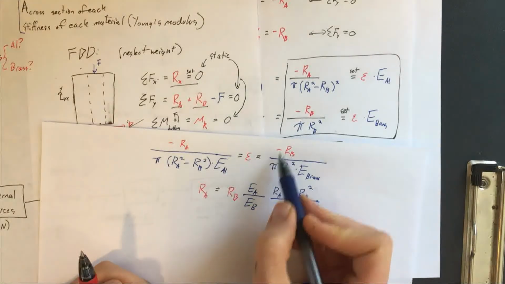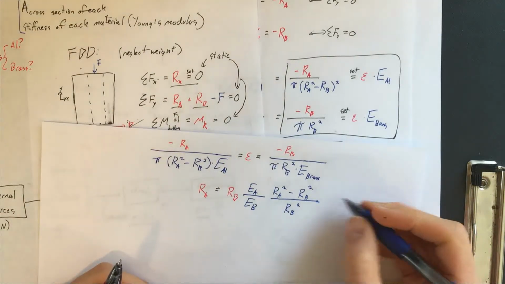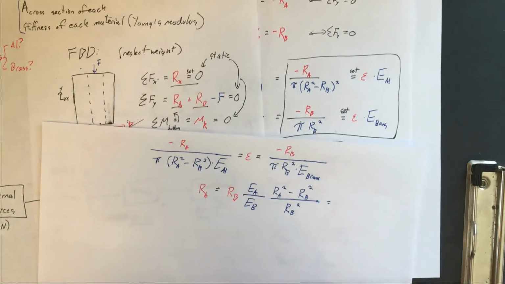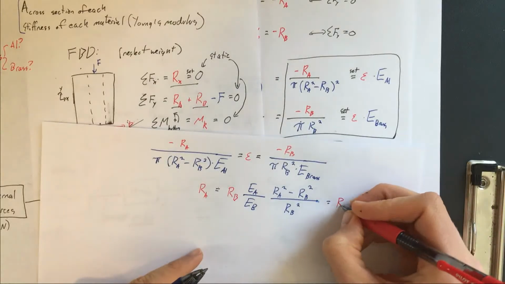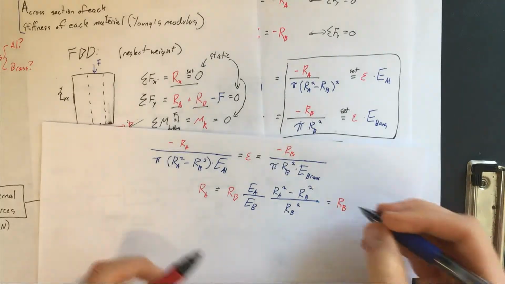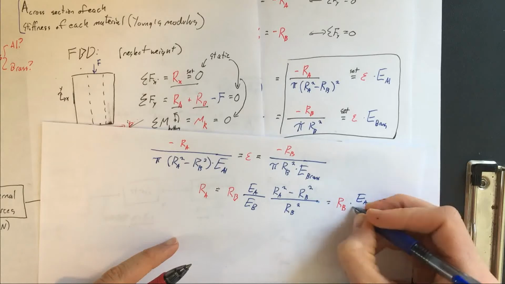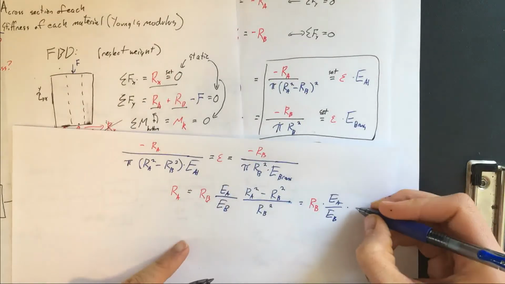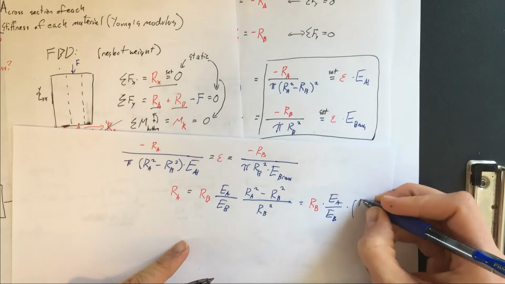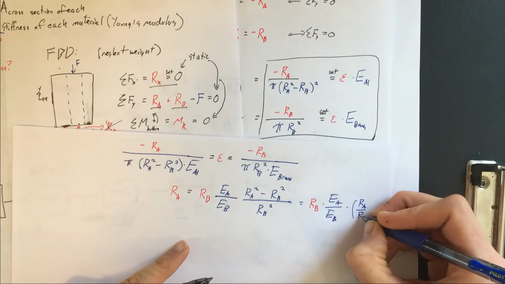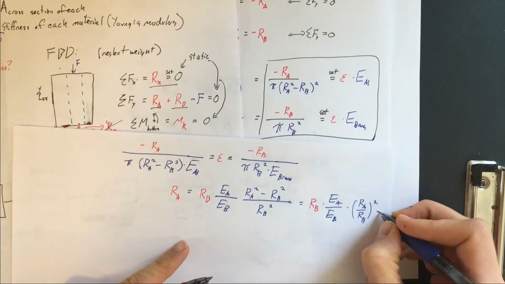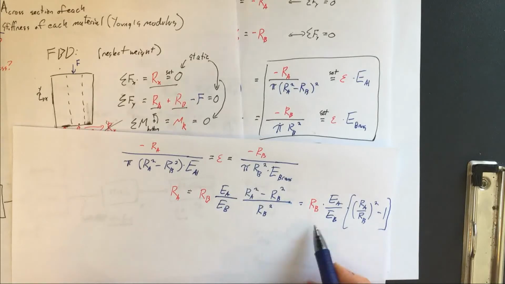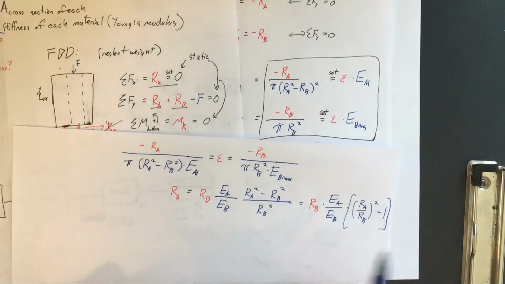I canceled the pi's and I canceled the minus signs on both sides. I guess I could simplify this a little bit, and I could get it to RB. All right, so there we are. We now have RA in terms of RB.